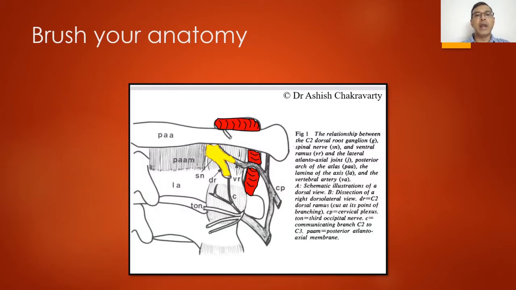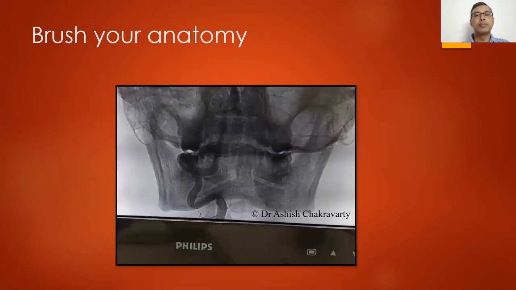So if you have to land your needle, you have to be in the safe spot in between these two structures, and the needle has to land exactly end on. If we look at the fluoroscope image, if that is the vertebral artery, this is the place where your C2 ganglion is going to be, and this is the place where you would land your needle end on.